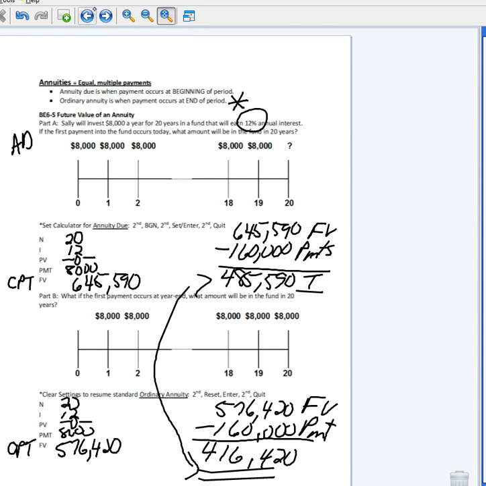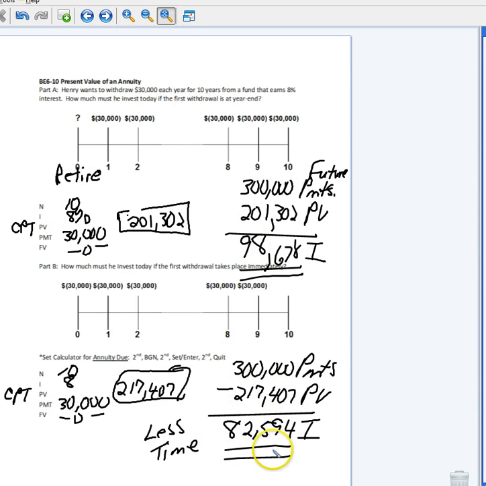When it was a future value and an annuity due, when we start today, there was more time for it to grow. That's why we have a larger interest amount with the annuity due for a future amount. Over here, our annuity due is for present value, but it's a withdrawal, so we're taking money out instead of putting it in. That's why we arrive at a smaller interest amount.